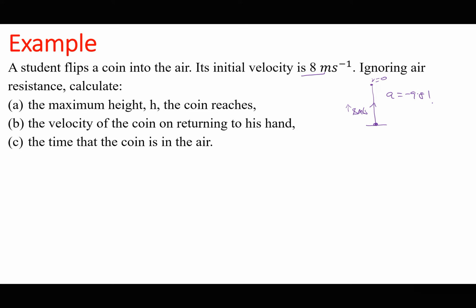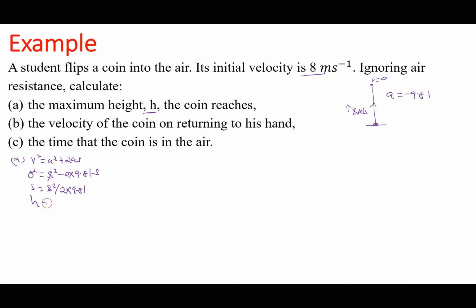At the highest point, v is 0, so I'll use v squared. For part A, I'll use v squared equals u squared plus 2as. So v squared, the highest point velocity is 0, initial velocity is 8 squared, plus will become negative because of the minus g, 2 times 9.81, then times s. So we want s, which is the height h, so s is going to be 8 squared divided by 2 times 9.81.